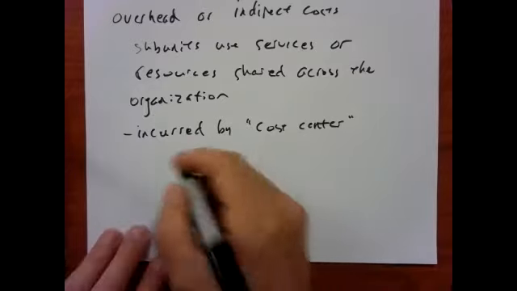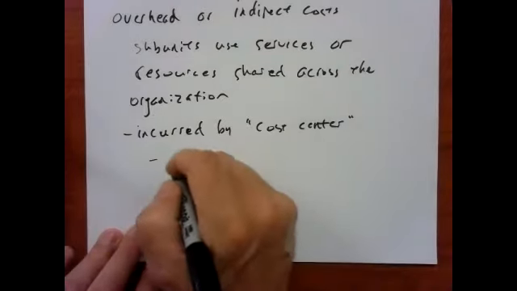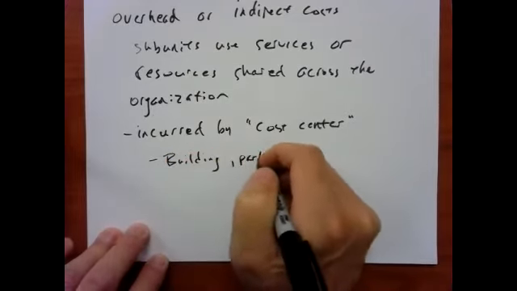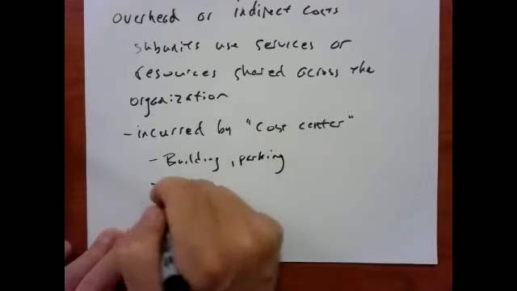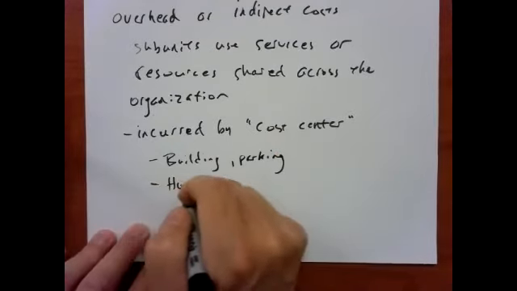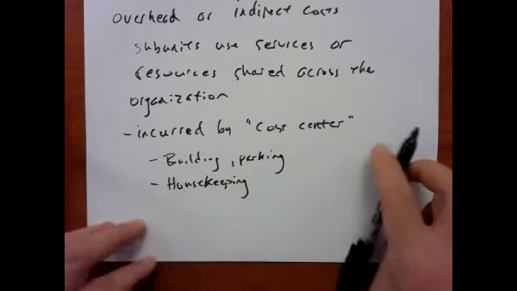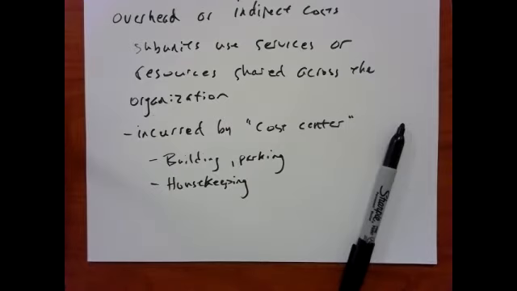So examples of shared costs include things like building, parking, other real estate kind of things, housekeeping. So going to our group practice, if the group practice rents one big 10,000 square foot MOB, each department or service isn't going to have its own housekeeping contract.